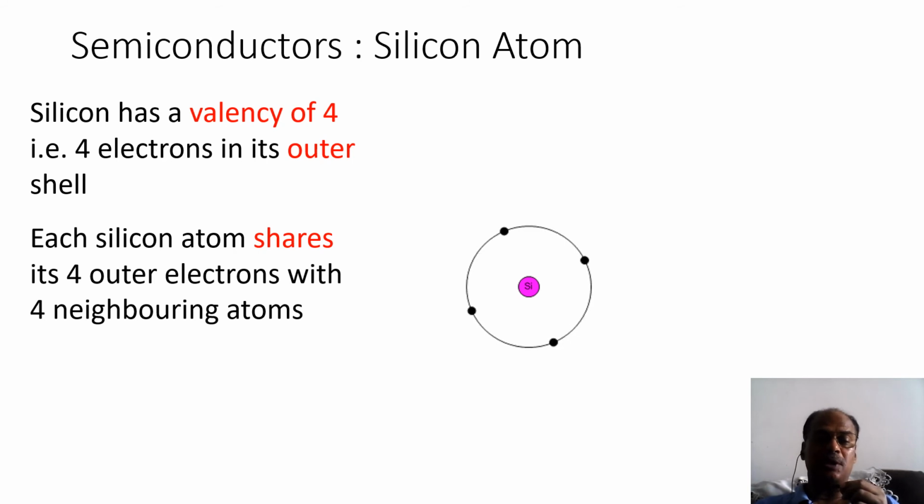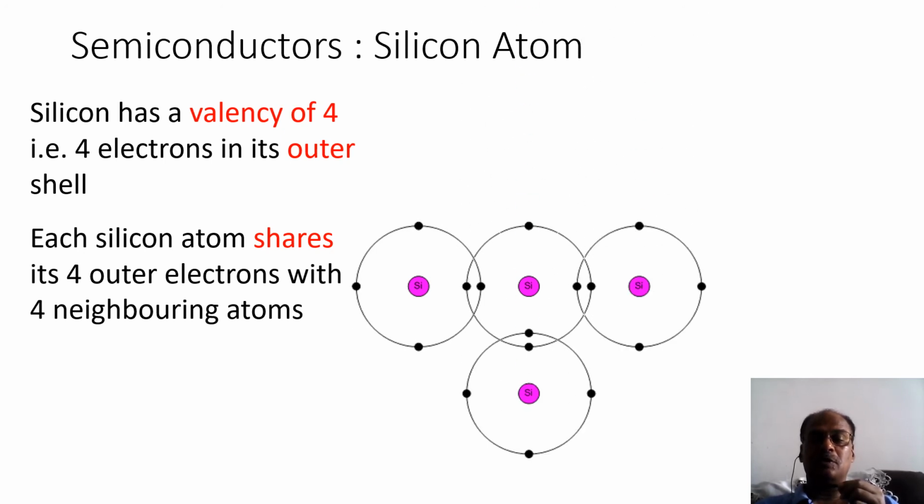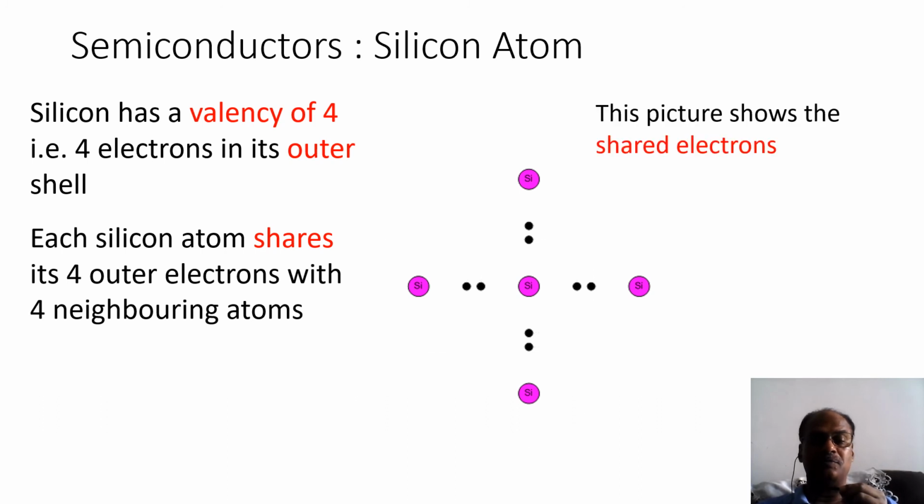So each silicon atom shares its 4 outer electrons with 4 neighboring atoms like this. Every silicon atom shares its own electron with the other silicon atom, and it also shares the other silicon atom's one electron with it.